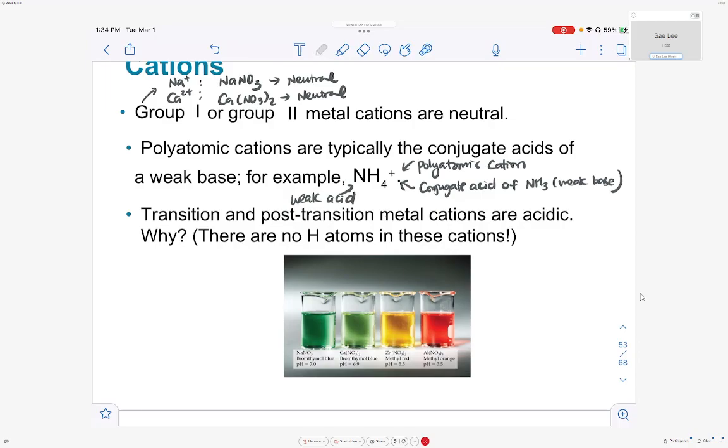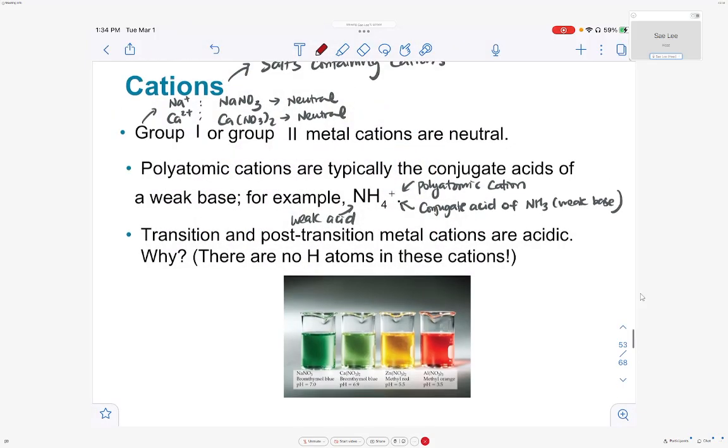Okay, I forgot to summarize this. So for the first one, any salt containing a group 1 or 2 metal cation is going to be neutral.